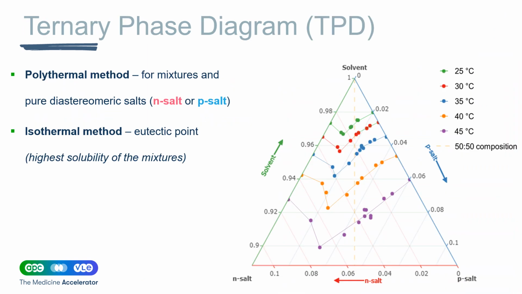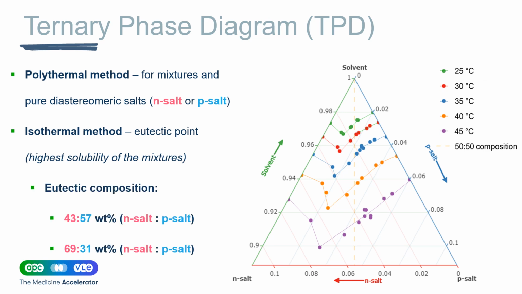The ternary phase diagram offers critical insights for the design and optimization of enantiomer separation. Experimental data presented in this figure indicates that the P salt exhibits slightly lower solubility than the N salt. Across the investigated temperature range, isothermal solubility studies, where the starting composition is 50-50, consistently gave the highest solubility at 57 weight% P salt.